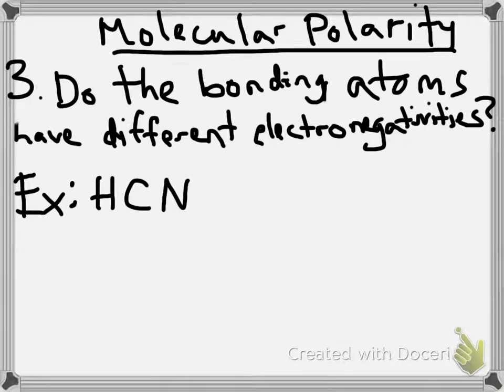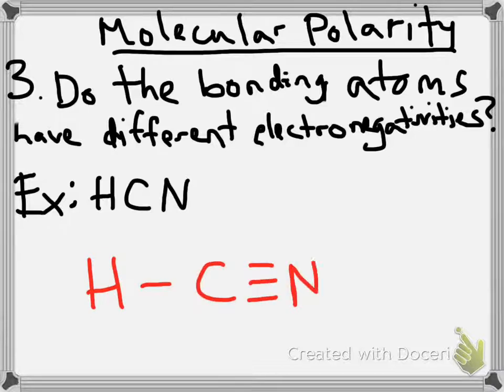The last question you need to ask yourself is, do the bonding atoms have different electronegativities? So when we draw this structure, it looks like this. I want you to notice there's no lone pairs of electrons. There's no electrons around our central atom. Carbon has no electrons around it.